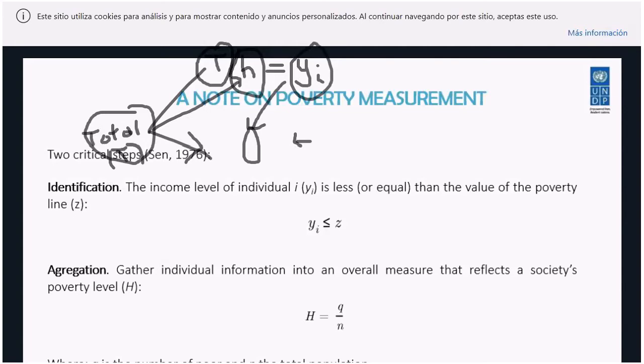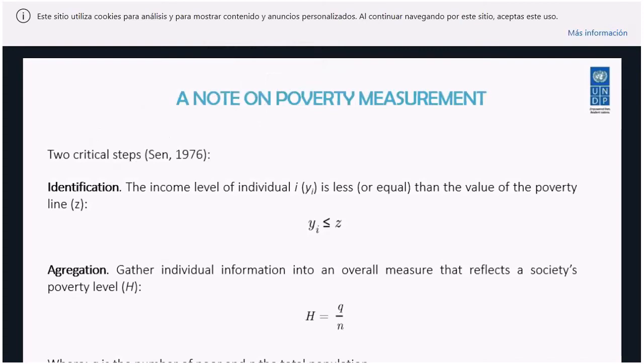But let's keep it simple, just to say that this income at the individual level can be derived from both a per capita perspective, in which the total amount of income within the household is distributed equally, and a second version, which is distributed according to the needs of each household member.